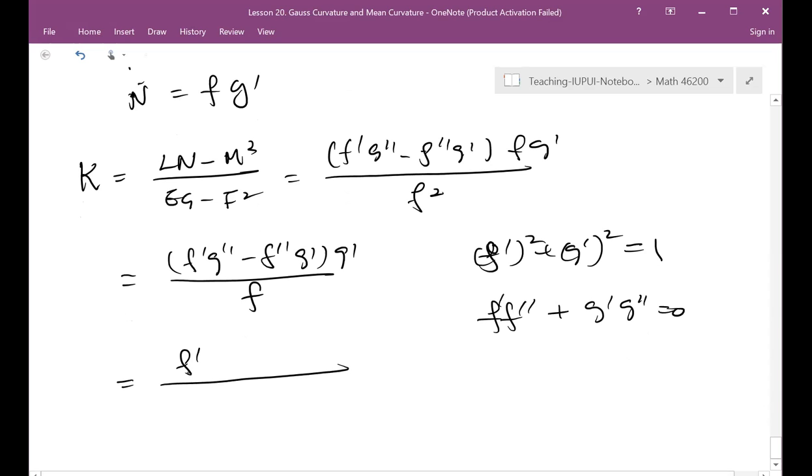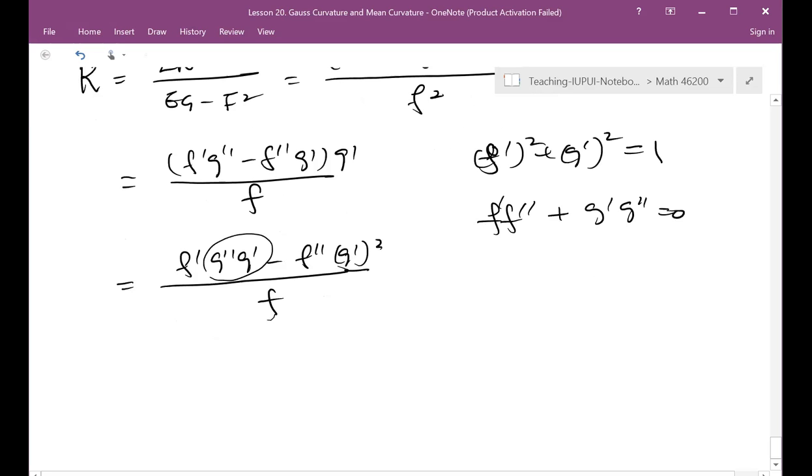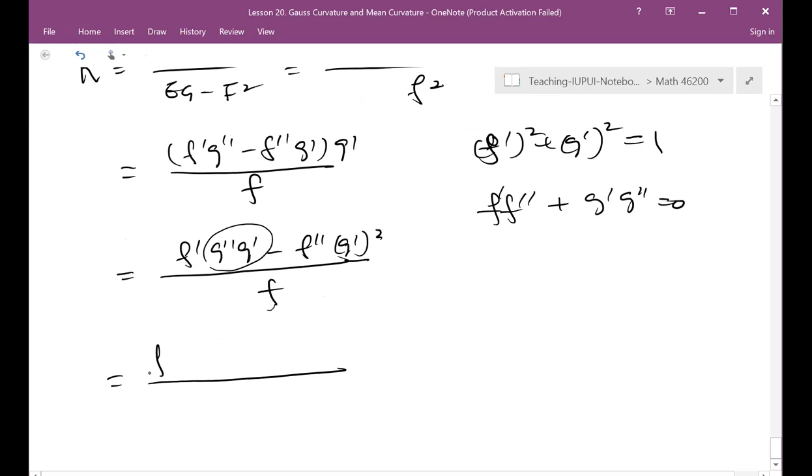Because here's f prime g double prime, and minus f double prime g prime, right? So how about this? This is going to be negative f prime f double prime.